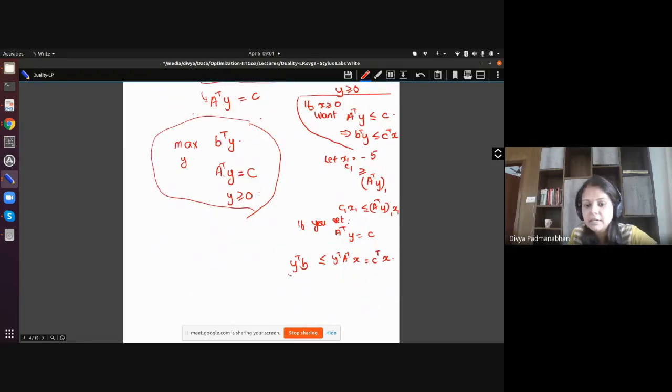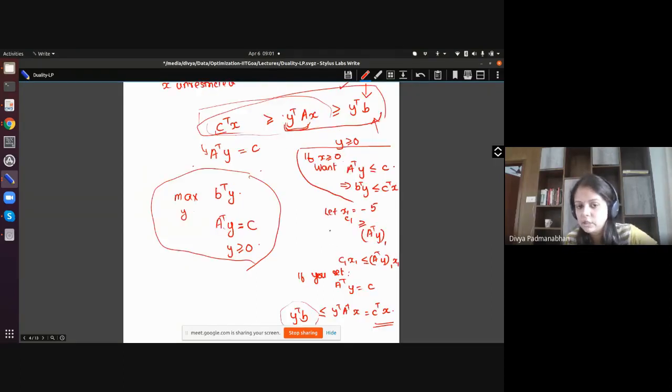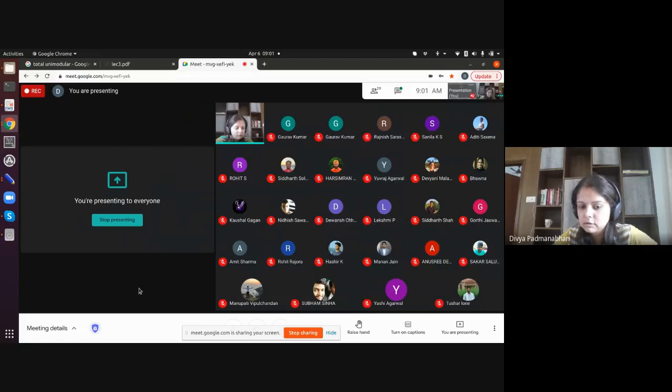So this will continue to be a lower bound for C transpose X. That's the reason why you make this an equality. Does this make sense?